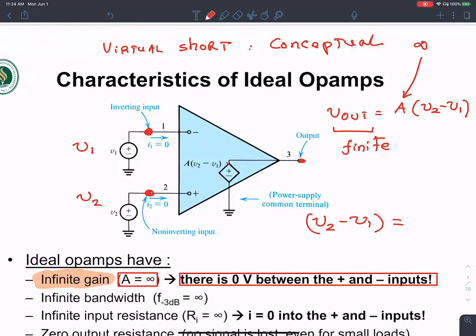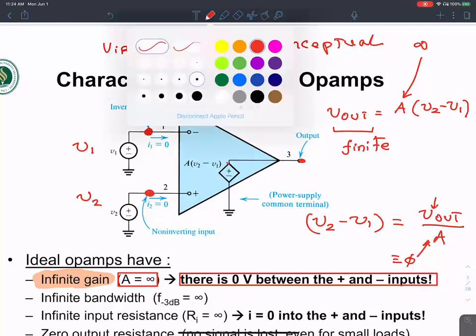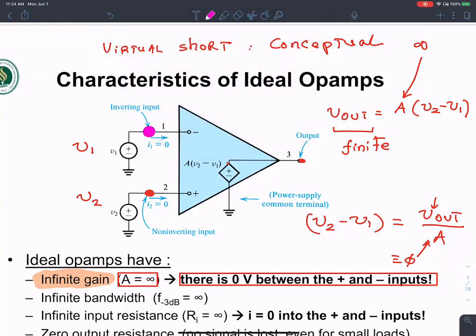V2 minus V1 is V out divided by A, right? So something finite divided by infinite should give you a value of 0. So the idea is there is no voltage difference between this terminal and this terminal, correct?